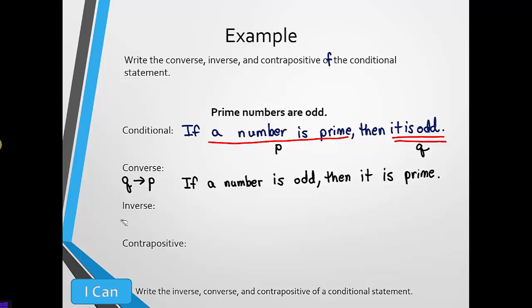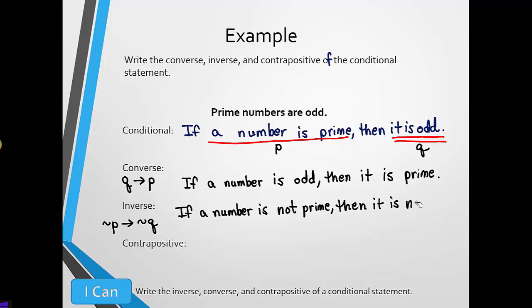The inverse is not P implies not Q. So the inverse would be if a number is not prime, then it is not odd.